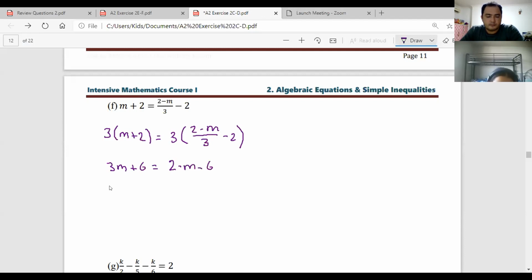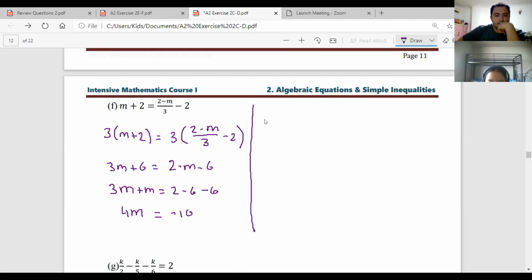So that we do 3m and then plus m equals 2 minus 6 minus 6. 3m plus m equals 4m equals 2 minus 6 is 4, so that's negative 10. So then we do that. m equals negative 10 over 4. 4 goes into 10 twice. So that's 2.